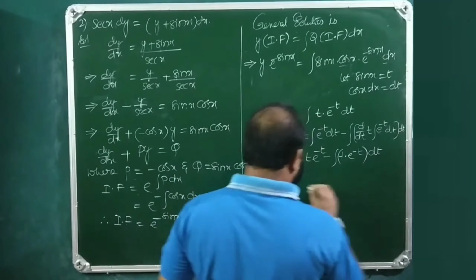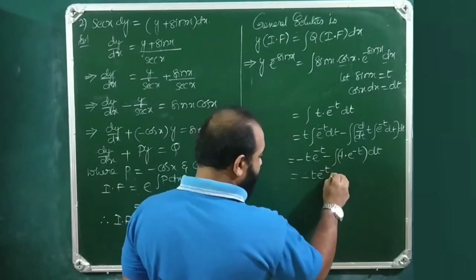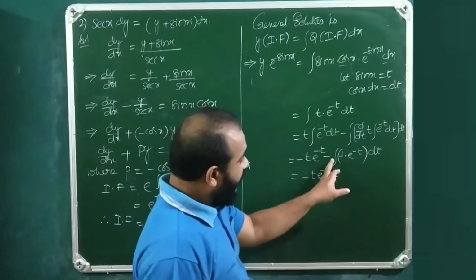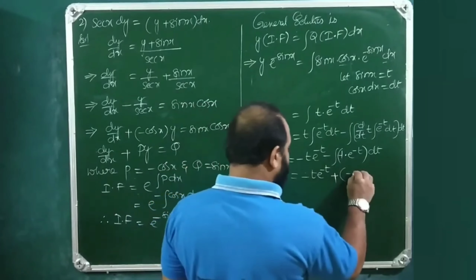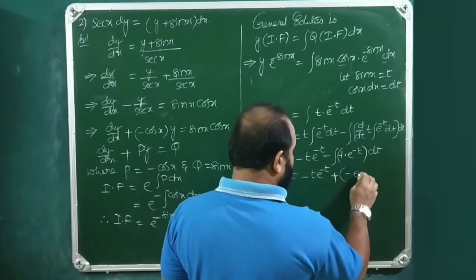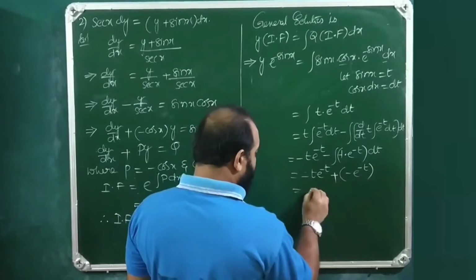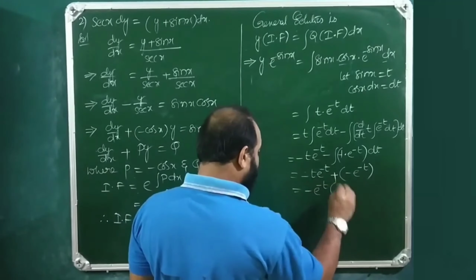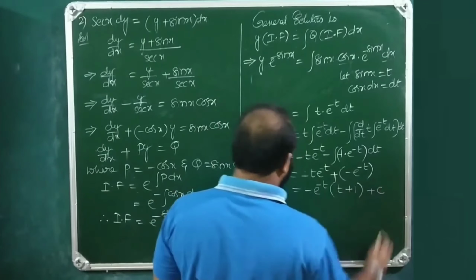So minus t e power minus t, minus into minus gives plus, the integral of e power minus t dt is again minus e power minus t. Minus e power minus t is common, so this is t plus 1, plus the constant of integration c.